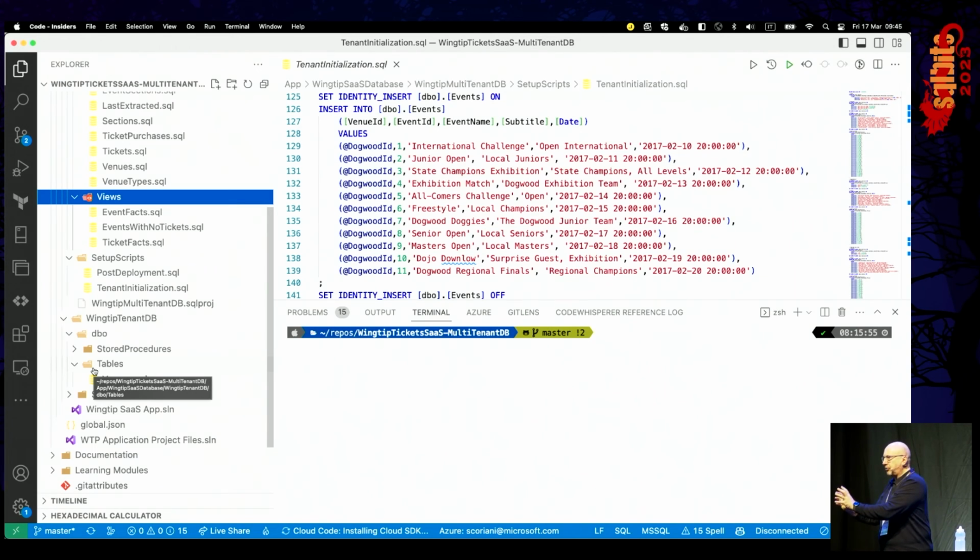Again, two ends of the spectrum. The fully isolated tenant design, you go with a lot of smaller databases organized in pools, and you can provide that separation and that isolation that can help in a number of scenarios.